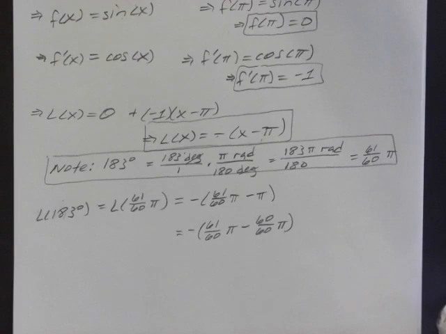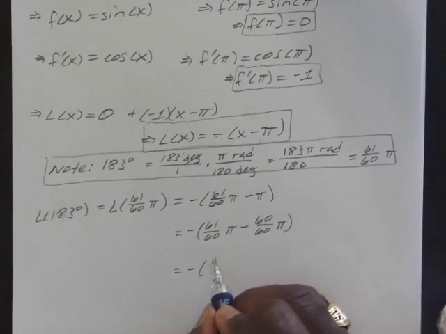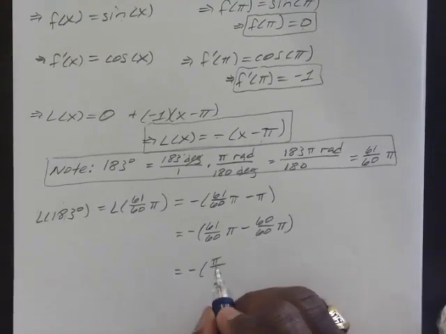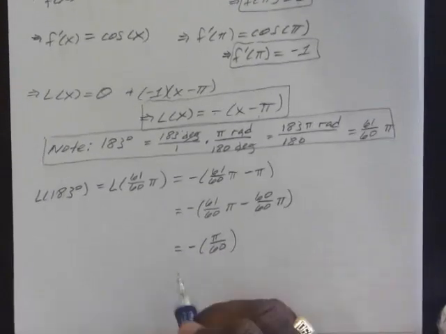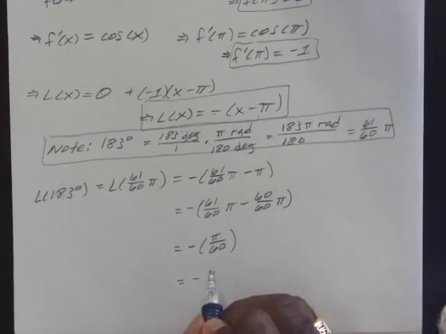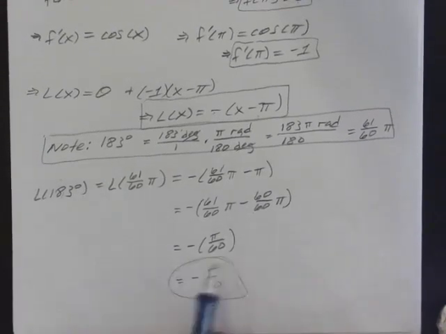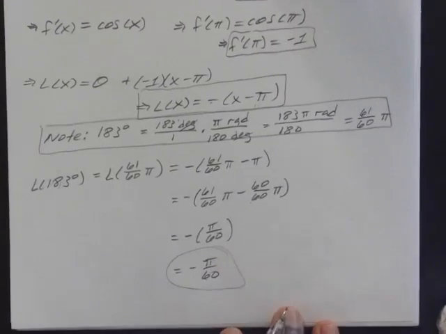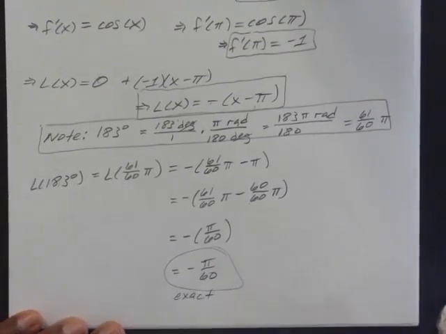Okay, so 61 minus 60 is just 1, so that's negative 1 pi, or just pi, over 60, which we can rewrite. You can leave it like that, or you can rewrite it as negative pi over 60. Okay, so this is our exact answer.